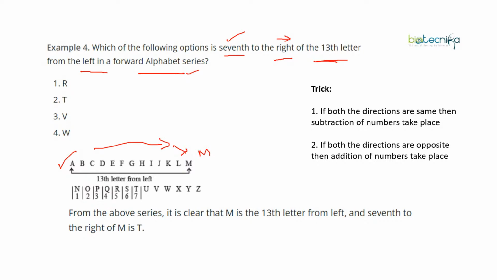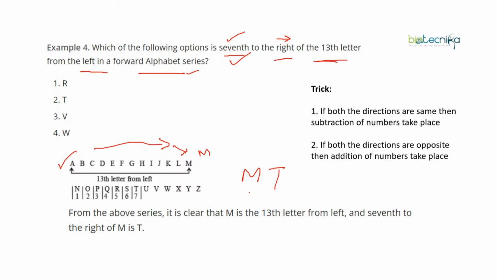13th letter from the left is M, and the 7th to the right, that means यहां से right, इधर right जाना है मुझे, so right की तरफ the 7th letter would be T for me.